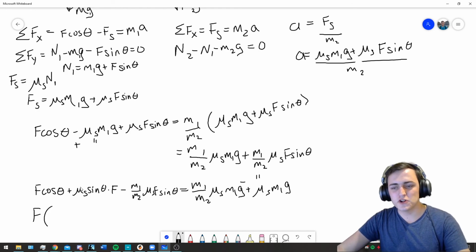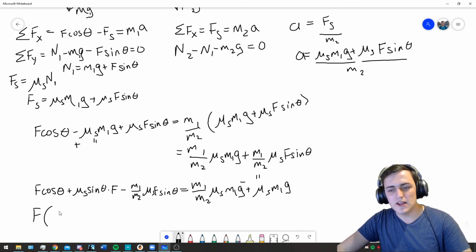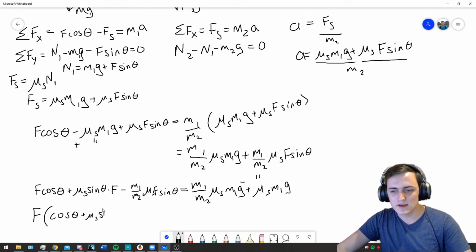Well, we bring all those terms to one side, and then we factor it out, right? So now it's just f times this big quantity, cosine theta plus mu s sine theta minus m1 over m2 mu sub s sine theta, right?